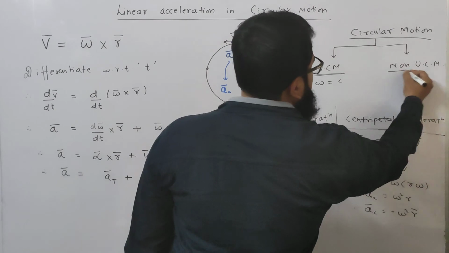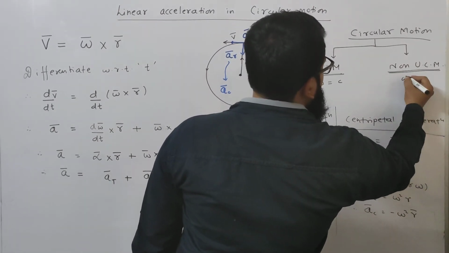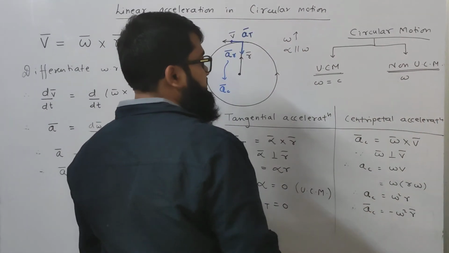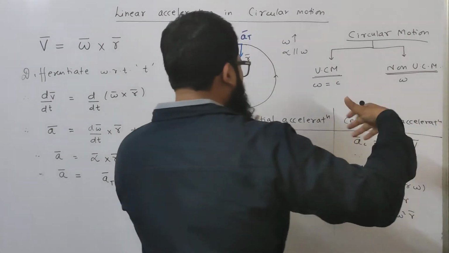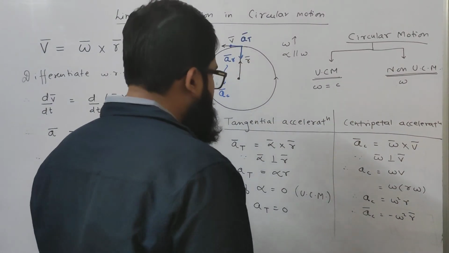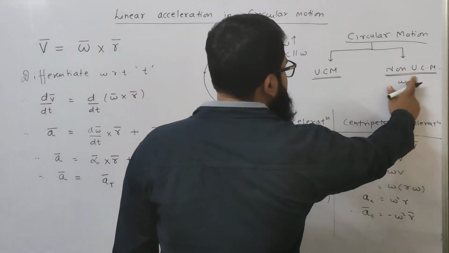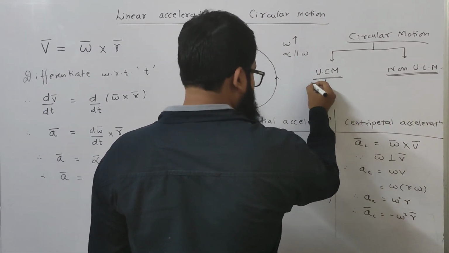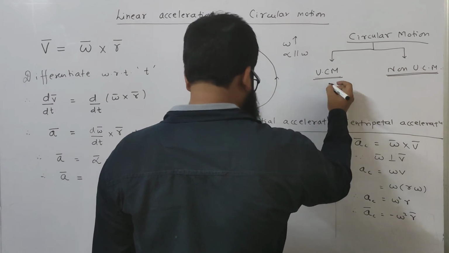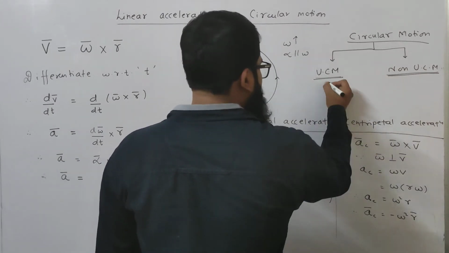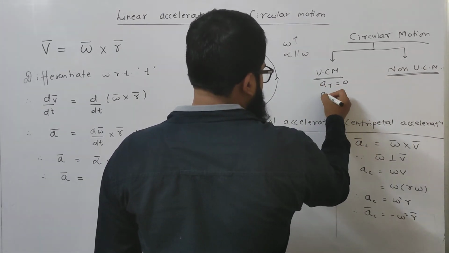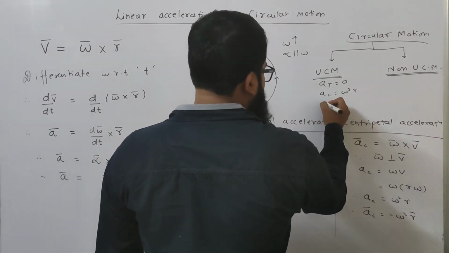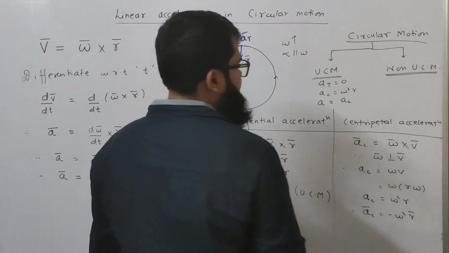In non-UCM, omega changes, omega varies with time. So in UCM what happens is, you have only one type of linear acceleration, which is AC, because AT is 0 and AC is omega square r, and the total linear acceleration is only AC.